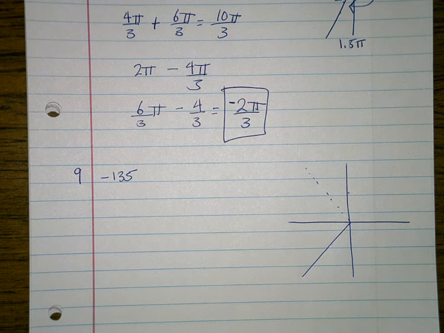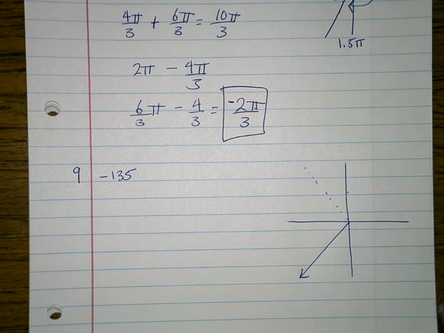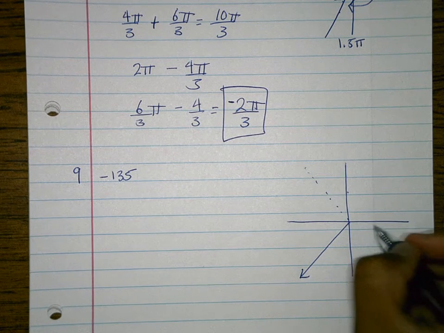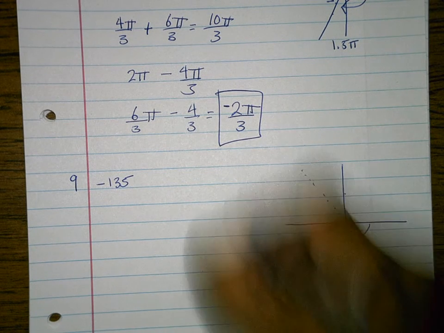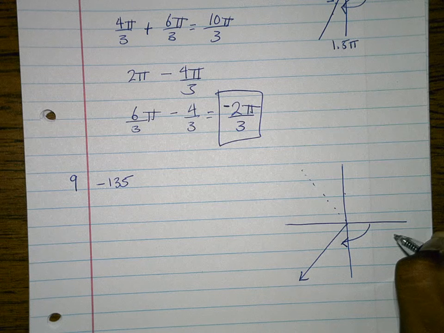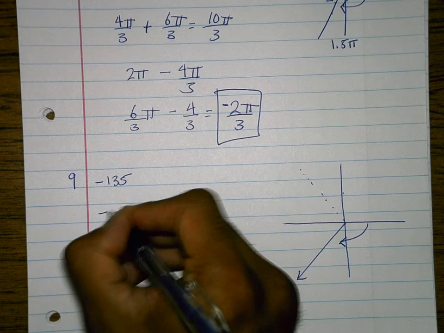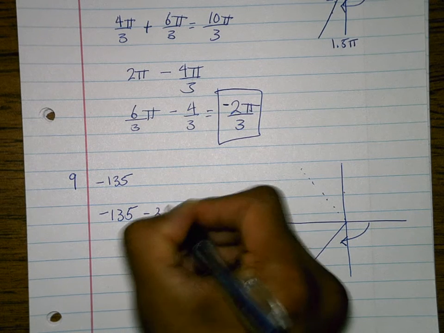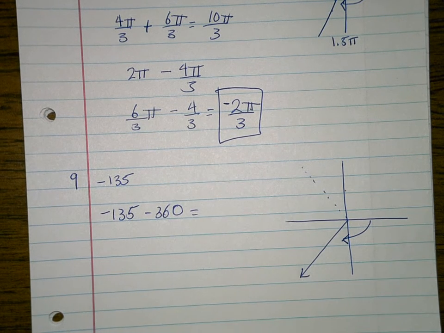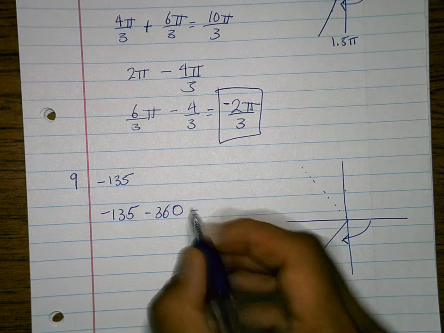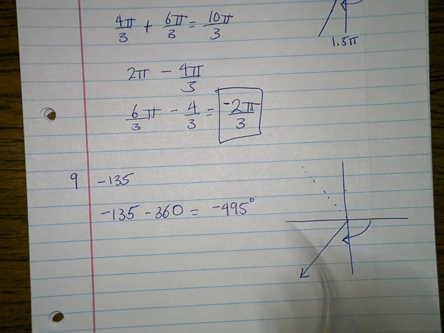I'm going to repeat the process, just with degrees. I'm traveling this way. If I want one additional revolution and to end up on the same spot, going in the same direction, I'm going to subtract 360. When I do that, I get negative 495 degrees.